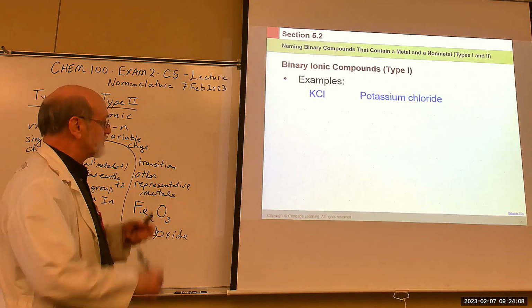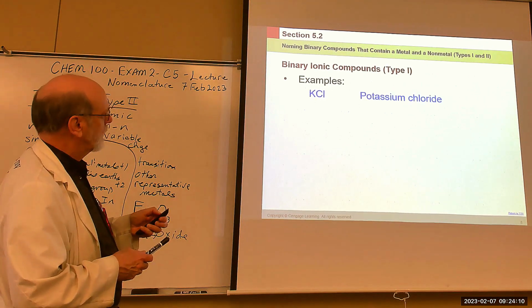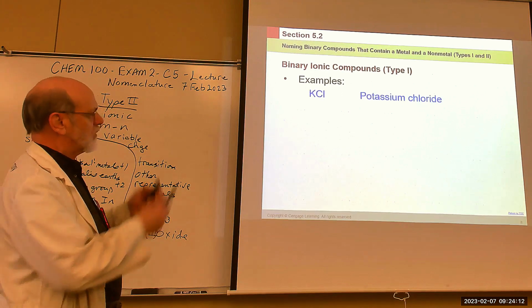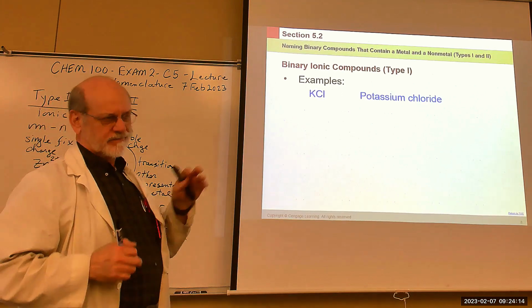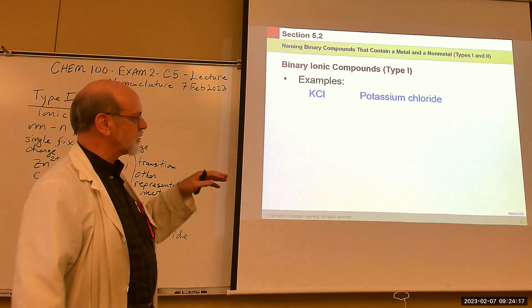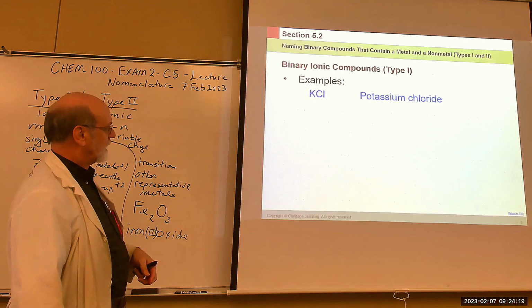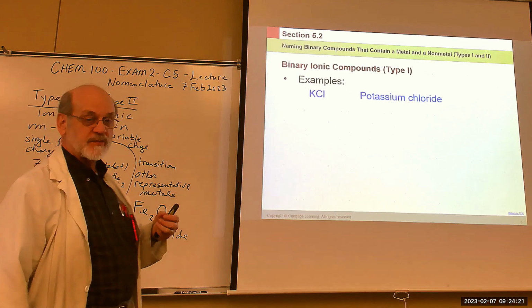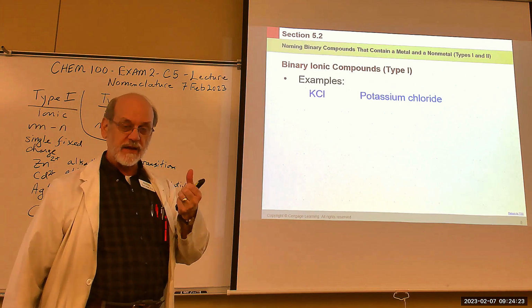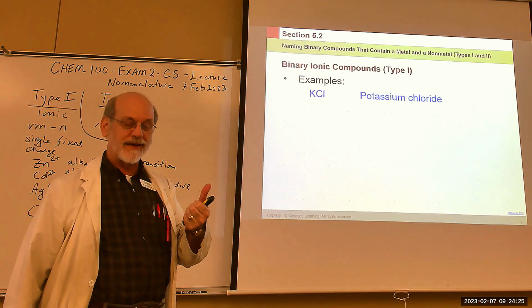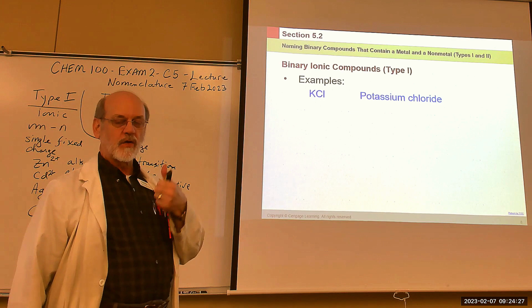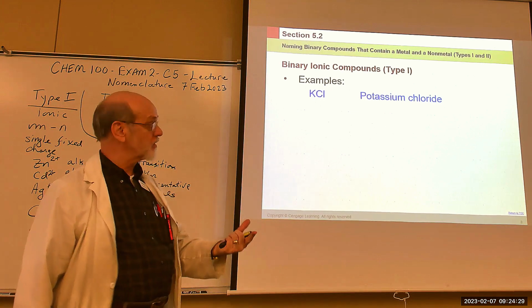Oh, we got some examples. That's good. We can't use that as an exercise because it's already named. But it does make sense. Potassium is a fixed charge. It's in the first column. An alkali metal, +1 charge. Chlorine is a halogen. It's a -1 charge.